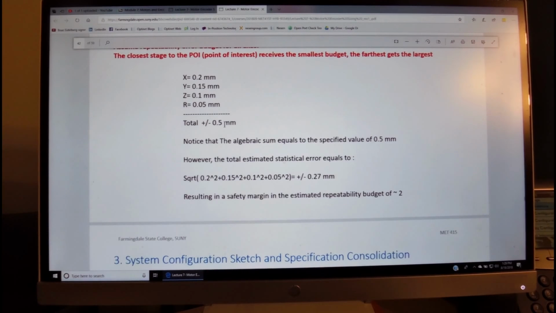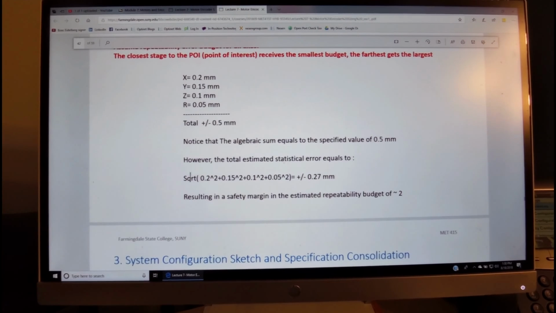But we know that the repeatability is a statistical error, and the total error of the sum of all of these contributions will be, according to the statistical laws, the square root of the squares of each one of the standard deviations.